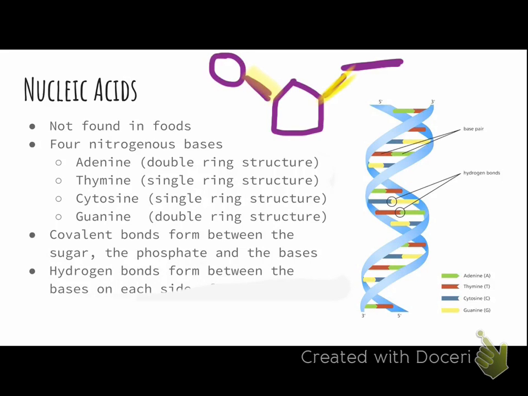And then what happens is we're going to have hydrogen bonds that are going to form between the bases on each side. So that's what's given to you here. It's highlighted. So think of DNA as being a ladder. So it's going to hold that ladder together in the middle is going to be hydrogen bonds that are going to attract one side of the molecule to the other.